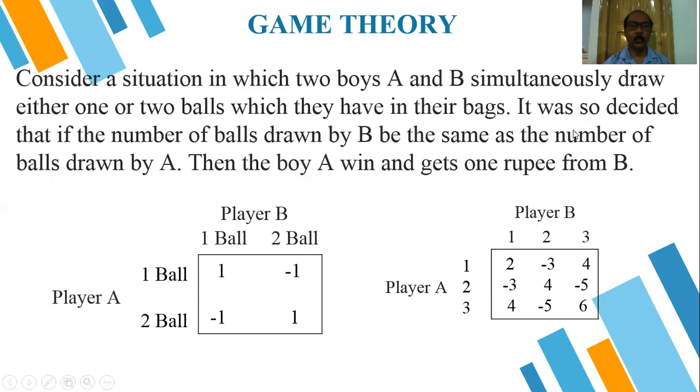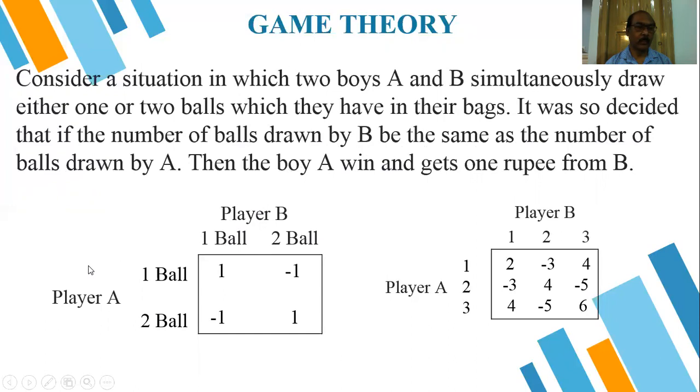It was decided that if the number of balls drawn by B is the same as the number of balls drawn by A, then boy A wins and gets 1 rupee from B. The problem is that there are two players, player A and player B. Both have a bag, and in the bag they have balls.